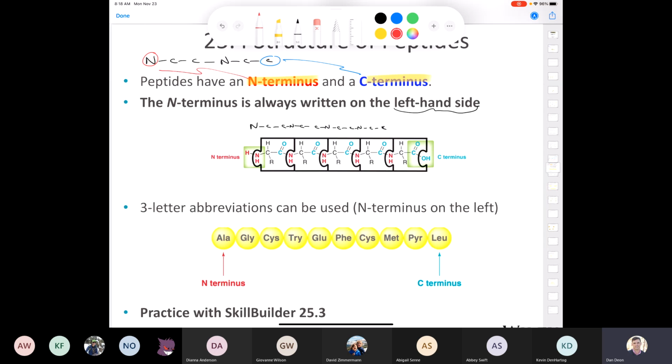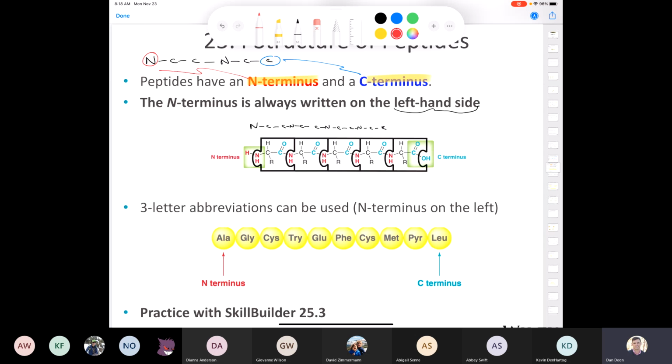So if I was to ask you to draw a tripeptide, you always start with the N terminus on the left-hand side. Now, as I told you last lecture, biochemists tend to steer away from using the full names of the amino acids because they're lengthy, right? It takes a long time to write those out.